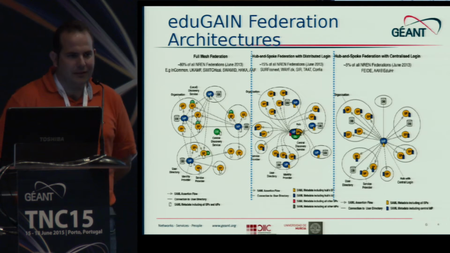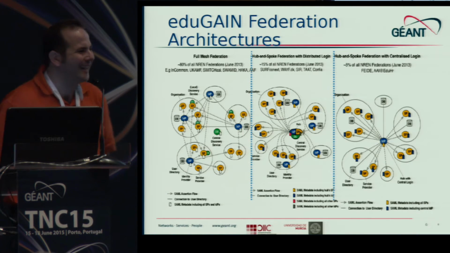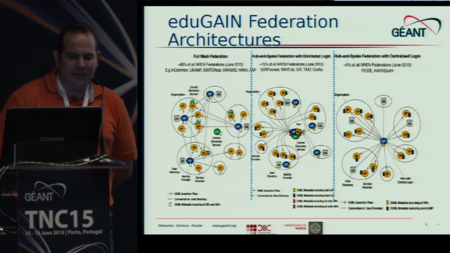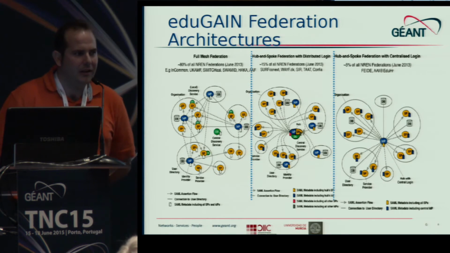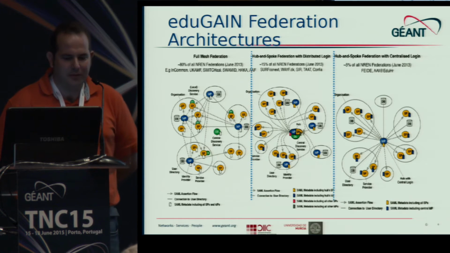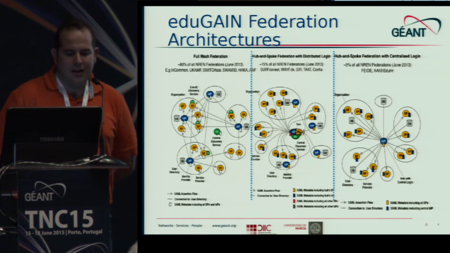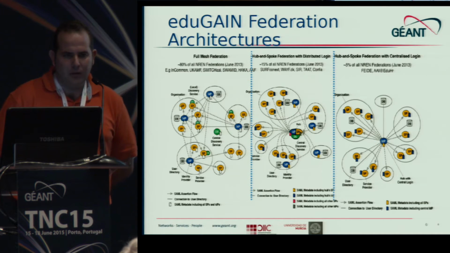Well, as you may know, and I think you know this slide better than me, eduGAIN has several possibilities. You have the full mesh federation, in which IDPs from federations can be trusted by SPs from other federations. You have the central discovery service, but you could also have a discovery service on the SP, and well, a lot of possibilities. You have the hub and spoke, in which you have a central abstraction for the SPs and for the IDPs also.